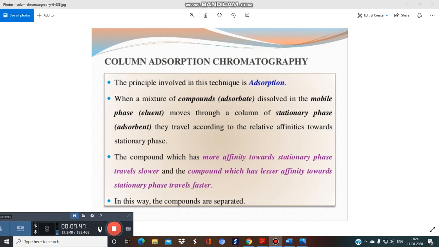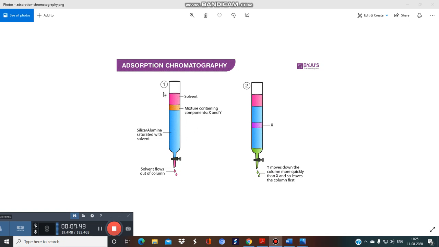How? Just see this. This is an example of column chromatography. This is a column, and in this you need three things. You need the stationary phase, which is silica. And the mobile phase, which is the solvent, and in between you need a mixture, because here you have to go for the separation, isolation and identification.